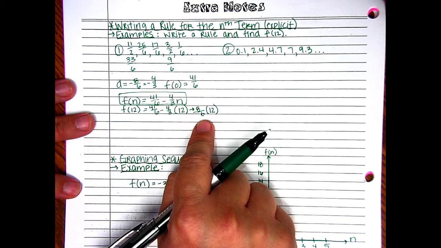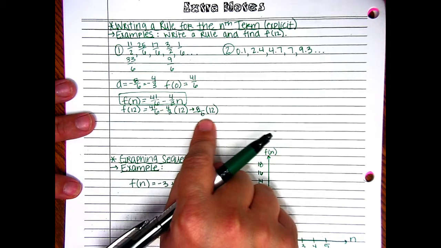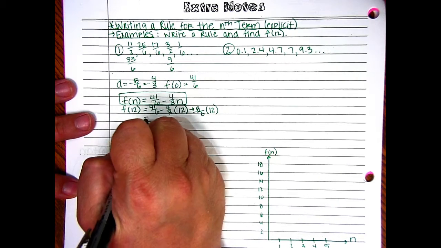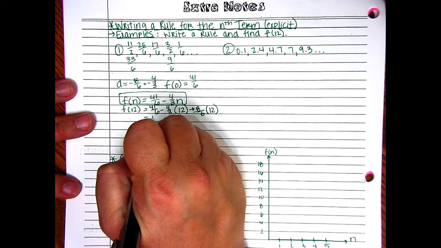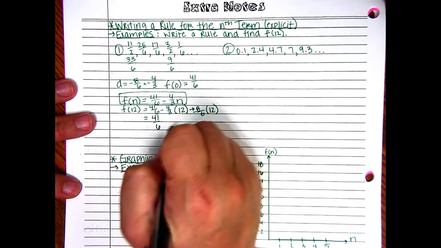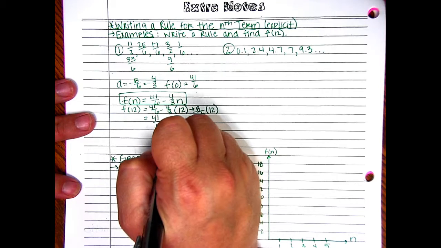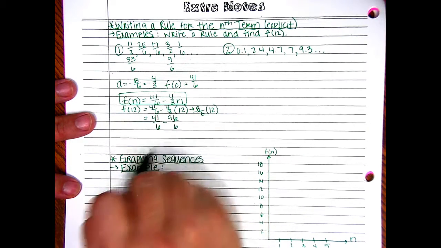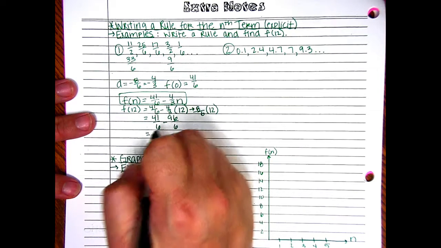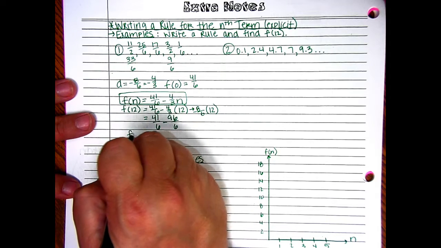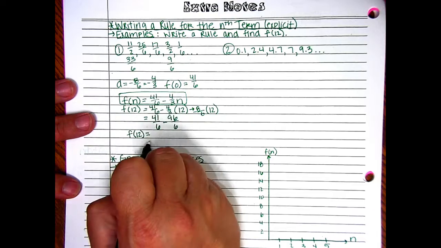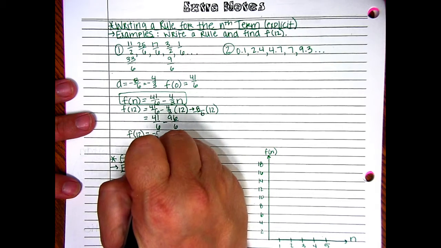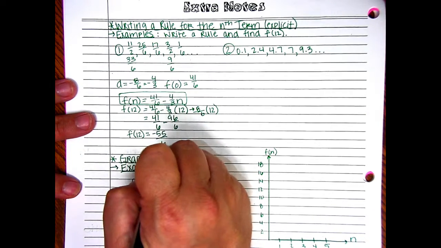Because to add and subtract, we have to have a common denominator. So this becomes 41 sixths minus 96 sixths. 8 times 12 is 96. So f of 12 equals negative 55 sixths.